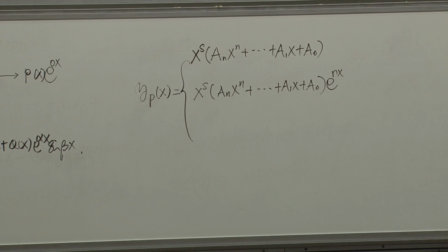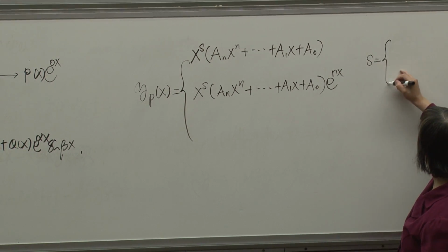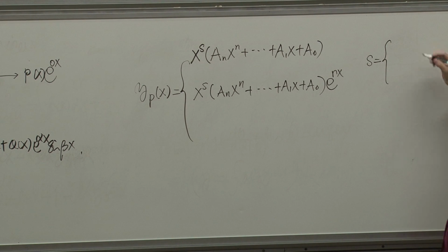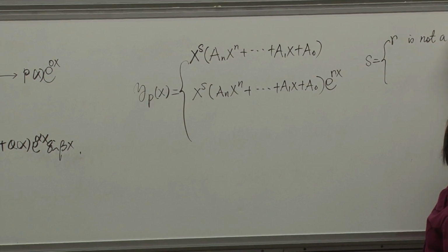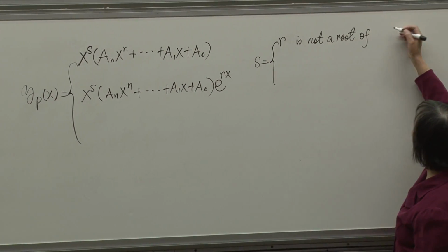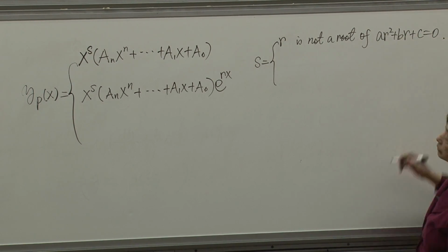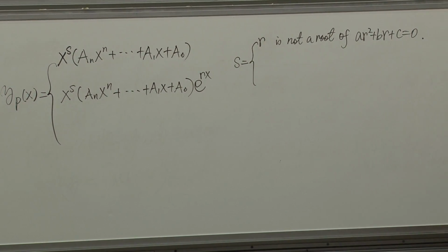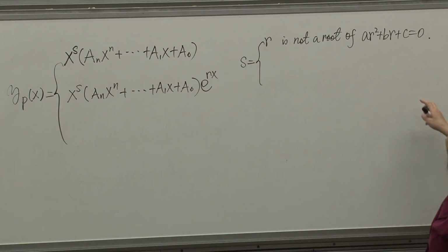So we need to consider how to find the power s. This is an extra factor. s takes 3 possible values. The first value: s equal to 0 if r is not a root of the auxiliary equation a r^2 plus b r plus c equal to 0. So when we use the undetermined coefficients method, we need to make sure that for this non-homogeneous equation, a, b, c are constants.